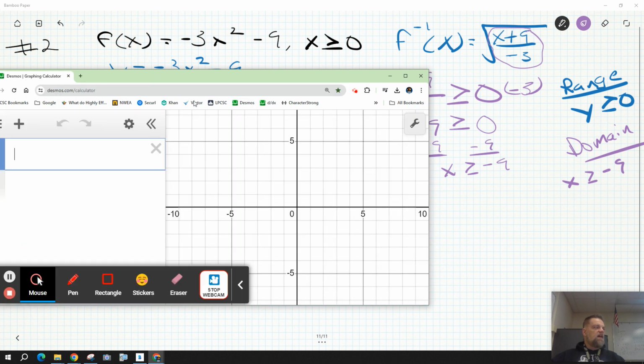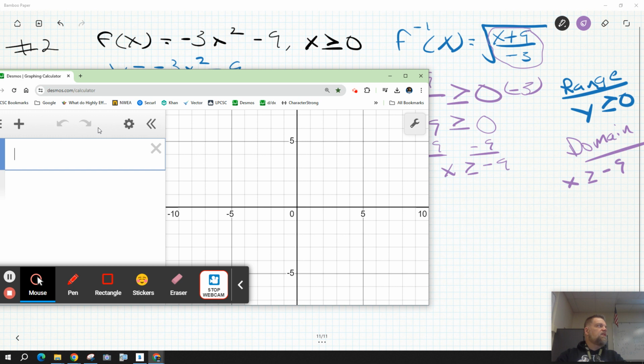So I'm going to put in my first function, which is negative 3x squared minus 9. Remember, we can define the domain by just plugging it in braces. So that would be x, and in Desmos, in order to get the greater than or equal, you just hit greater than. I always gloss over this real quick.